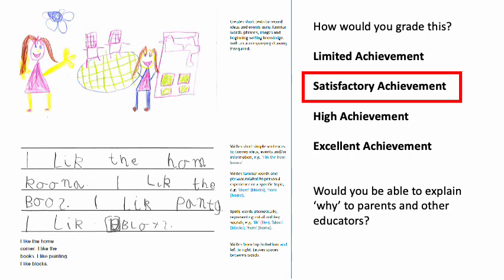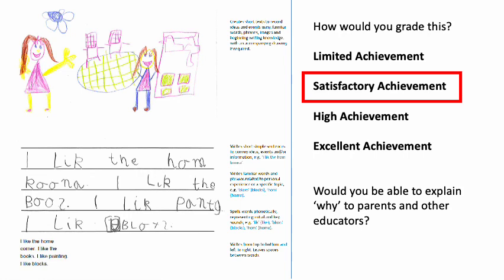So if I was in term 1 of pre-primary, I probably wouldn't have many children who would be able to do this. But by the end of pre-primary, I would have lots of children who would be able to do this. If I was at a school that had lots of vulnerable children who were having difficulties connecting with learning and so on, I might only have that from very few students.